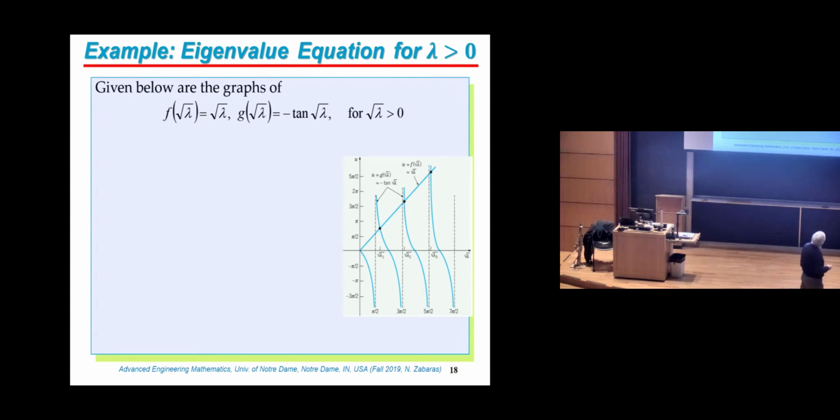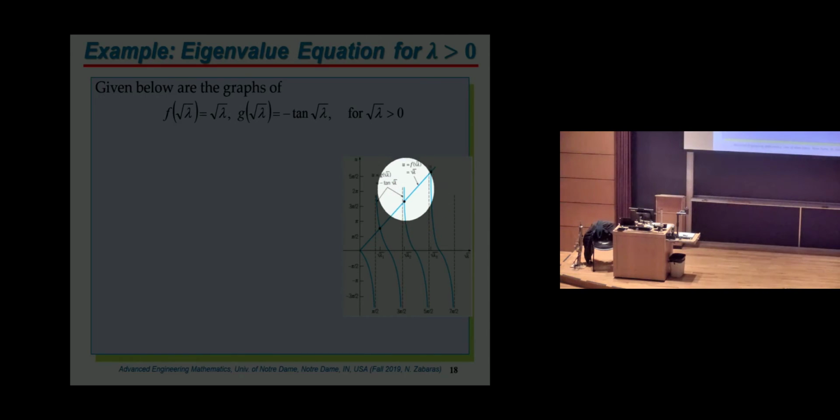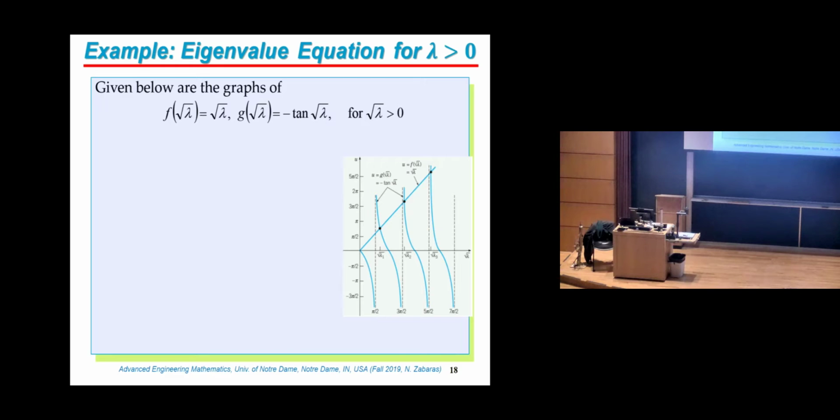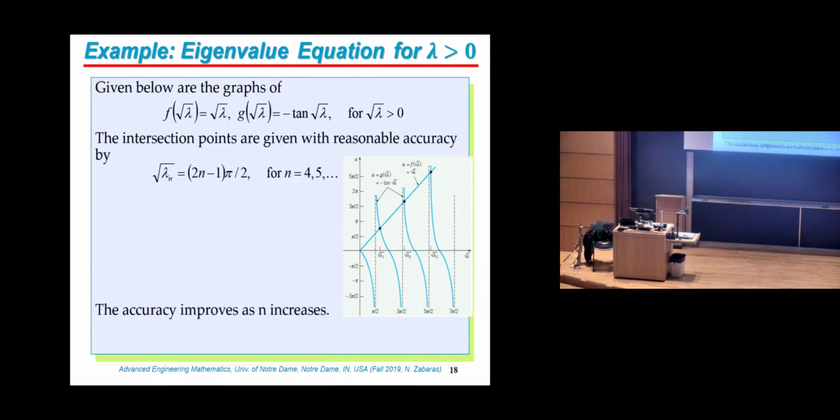And if you look carefully, as lambda increases, you can identify that the square root of lambda becomes closer and closer to these vertical lines, where you have the asymptotic values for the tangent of square root of lambda. So let me put the results up.